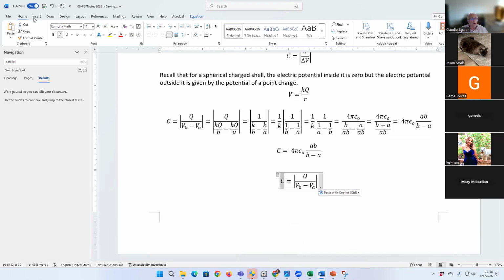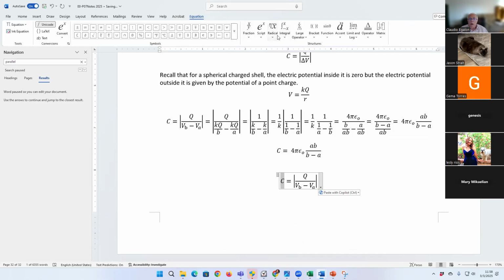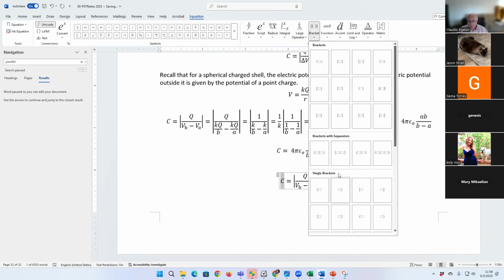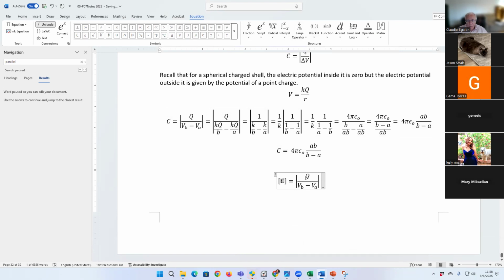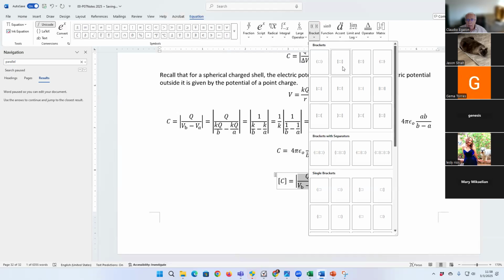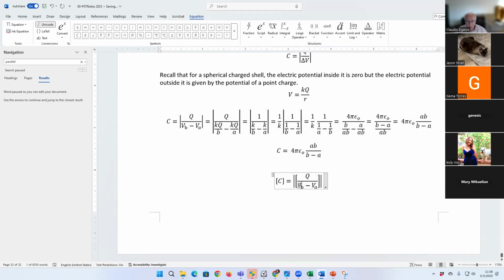The unit of capacitance, in square brackets, is equal to the unit of charge over electric potential.